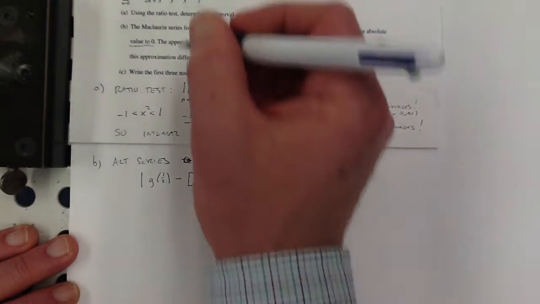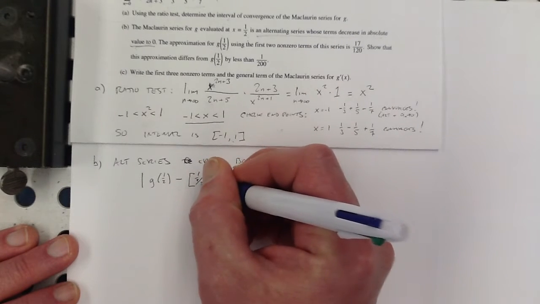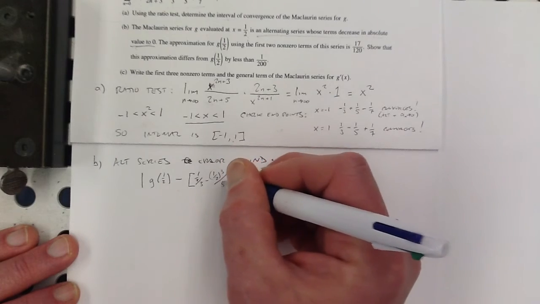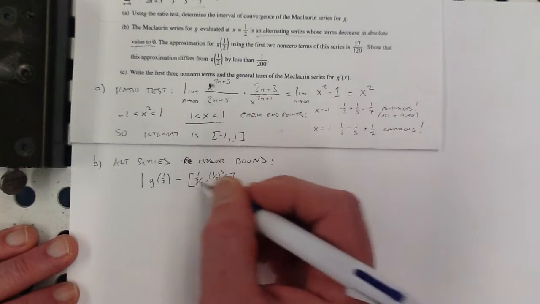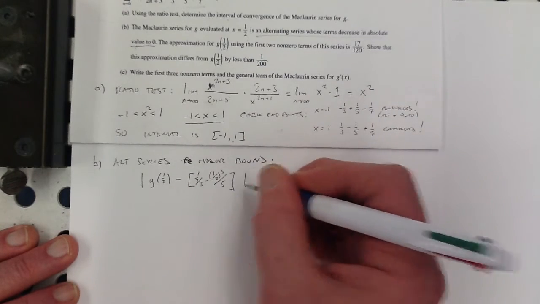The approximation using the first 2 non-zero terms is just 1/2 over 3 minus 1/2 to the third over 5. Now, what's that equal to? Well, it's 17/120. They told us, but I'm just doing that. You could also just write the 17/120 there, whatever.